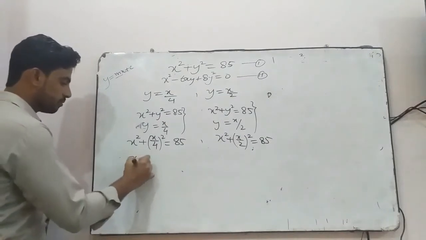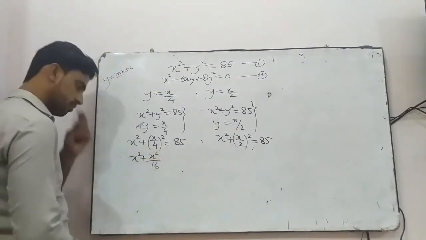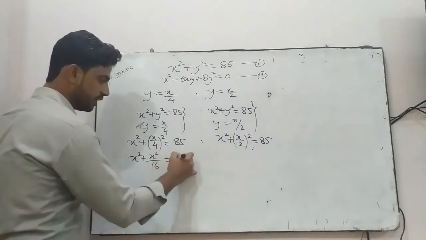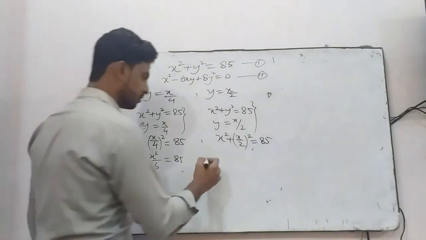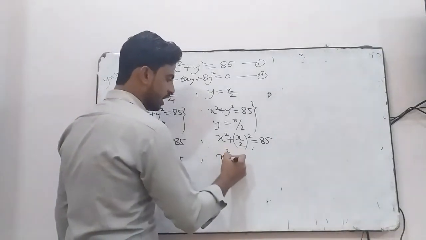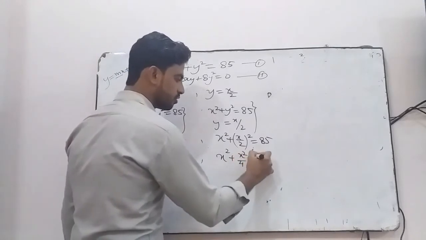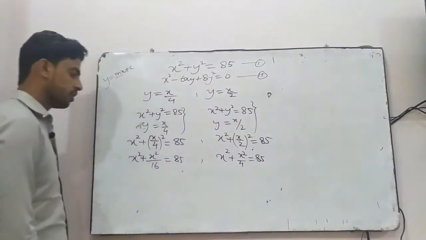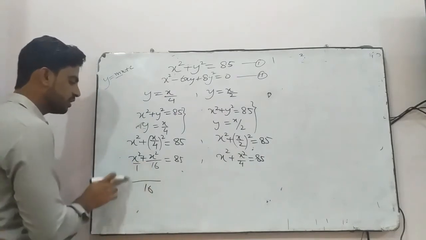So this becomes x square plus x square upon 16 is equal to 85, because the square of x is x square and the square of 4 is 16. And here x square plus x square upon 4 is equal to 85. Take the LCM as 16.